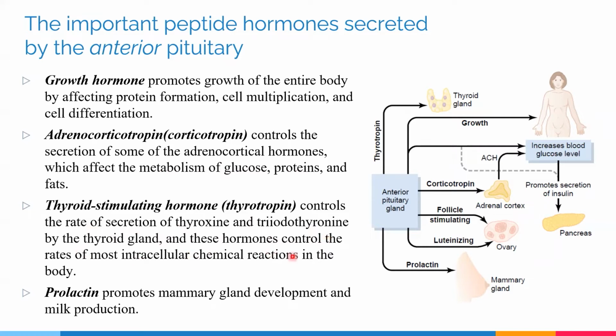And these hormones control the rates of most of the intracellular chemical reactions in our body. We also have prolactin, which promotes mammary gland development and milk production.